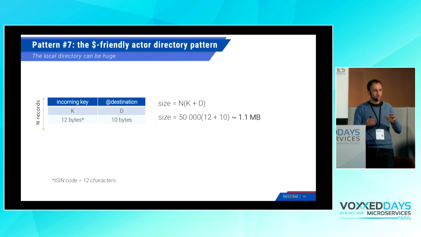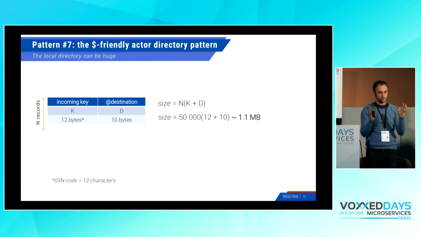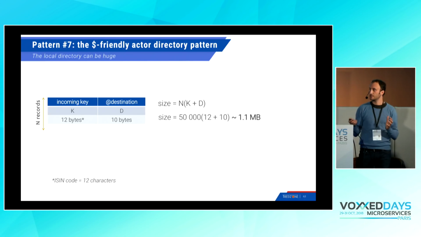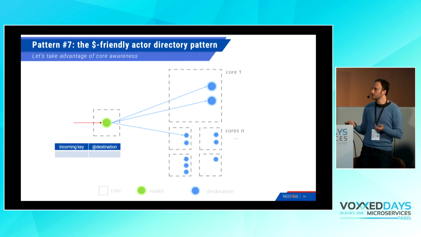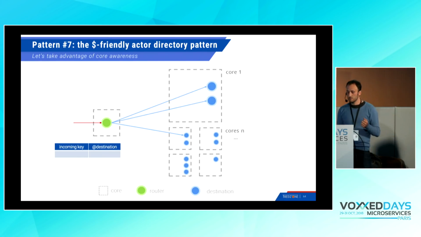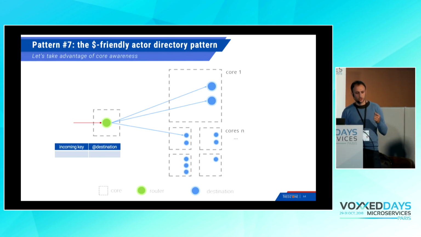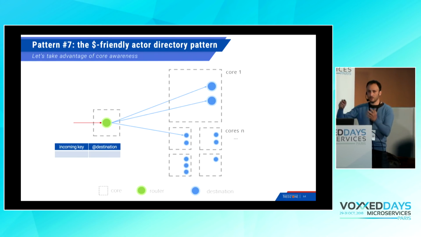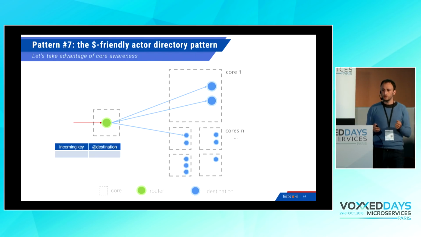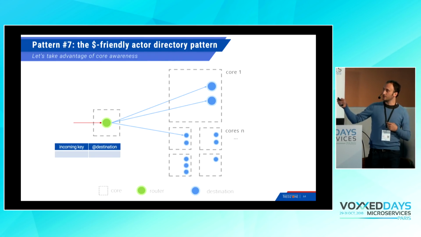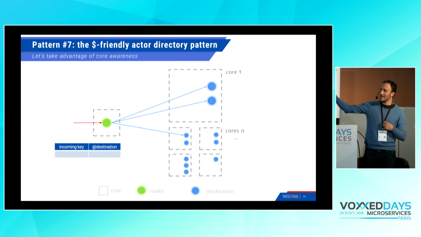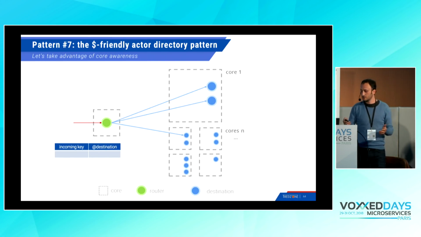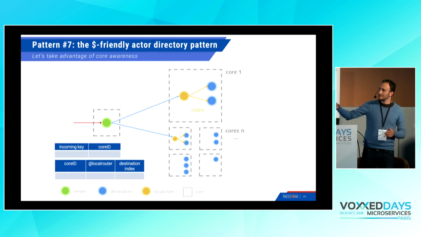So I would like to avoid that and try to reduce my map, actually. So how to reduce it? We should understand that we have n cores and not just 50,000 actors. So let's do something else.